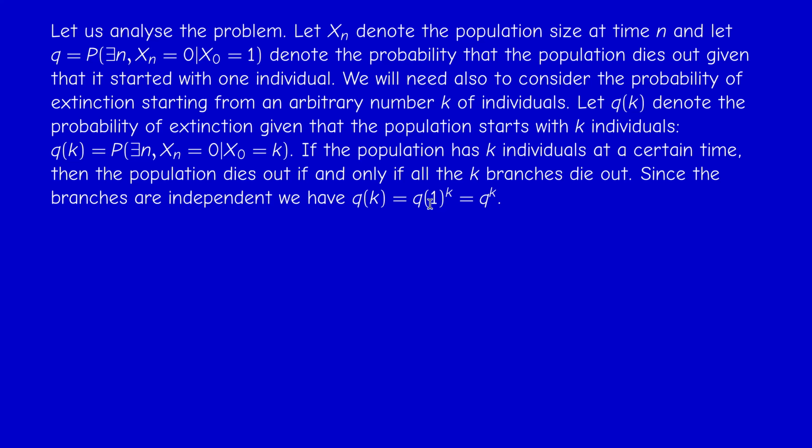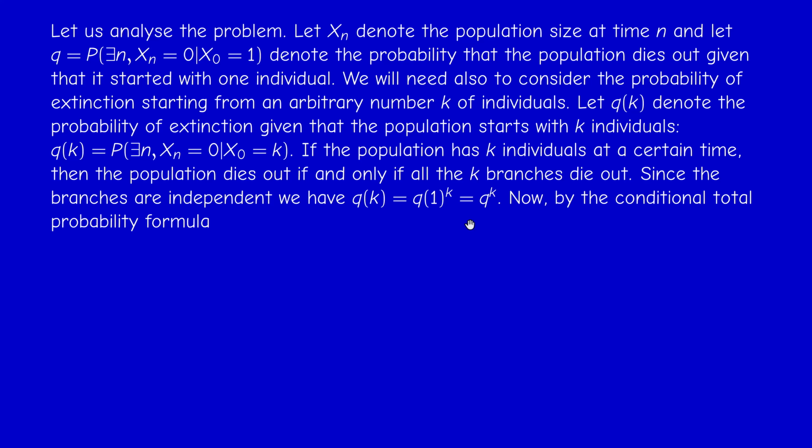So you may draw a tree if you like, starting from k individuals. So we have 4 possibilities for each individual. So the tree repeats itself. So this is the first observation, that Q of k is Q to the power k by independence.